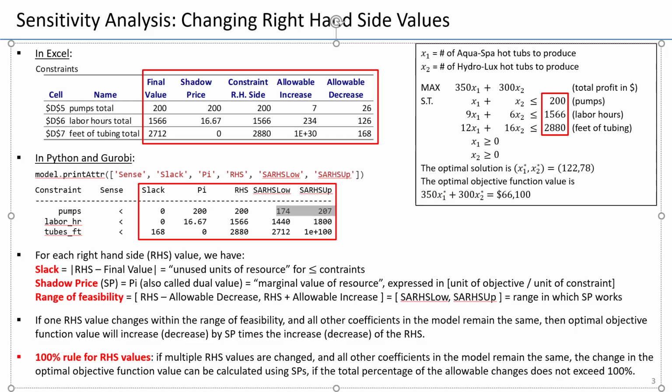So for example, what you see here, the range of feasibility is from 174 to 207. Of course, it includes the 200, right? This 174, if you look at the Excel report, is 200 minus the allowable decrease of 26. And the 207 is 200 plus the allowable increase of 7.